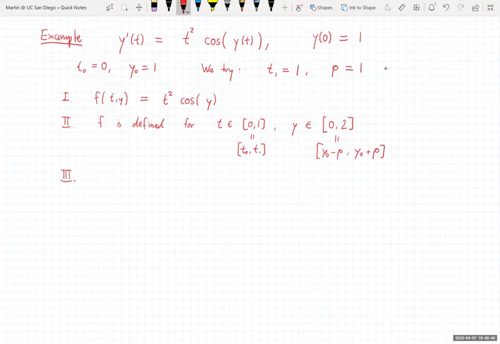Okay, one condition is that f is actually continuous, and that is indeed the case. It's very simple to see here.